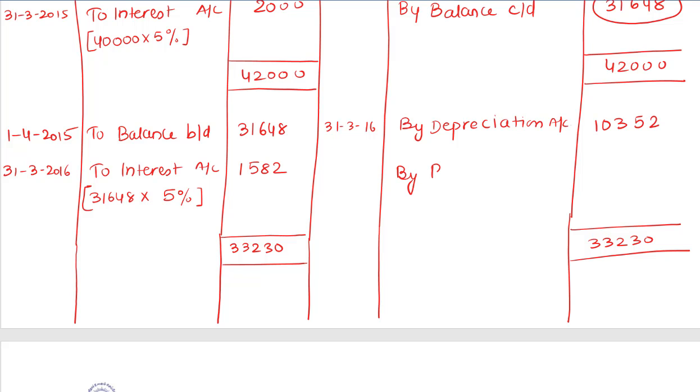Quickly calculate. By balance carried down, the balance is 22,878.